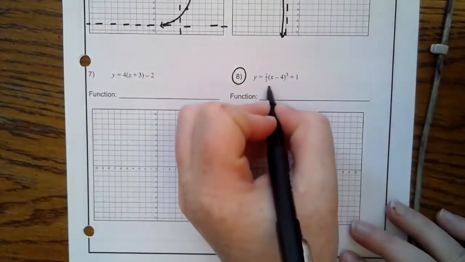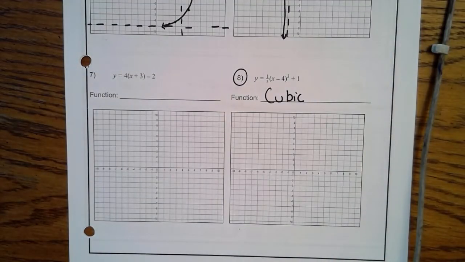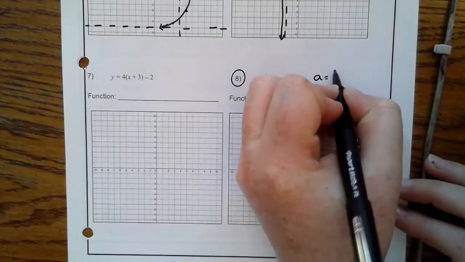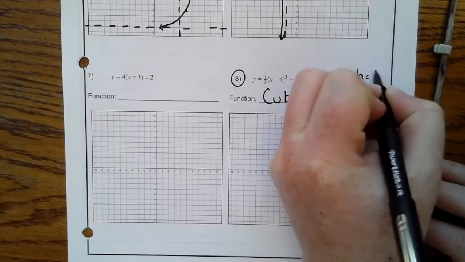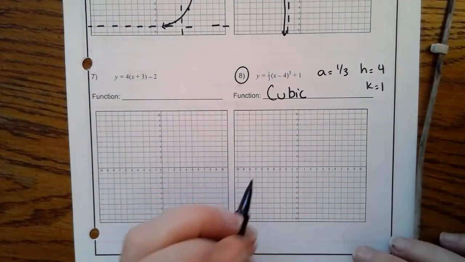So this is a cubic. So for this, I would say, well, A is 1/3, H is 4, K is 1. You have to remember that's opposite. So I'm going to draw in my HK.